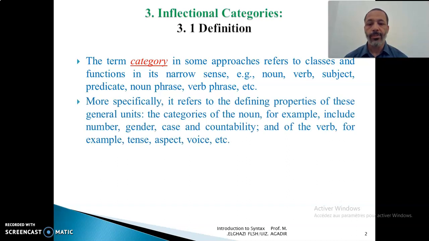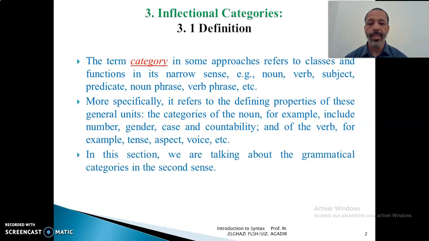More specifically, it refers to the defining properties of these general units. The categories of the noun, for example, include number, gender, case, and countability, and of the verb, for example, tense, aspect, and voice. In this section, we are talking about the grammatical categories in the second sense.